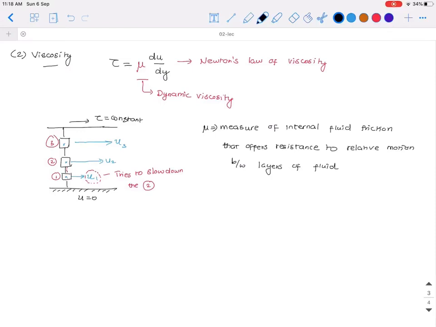Okay, do you understand from this picture? We have considered, let's say, 3 layers, 1, 2 and 3.